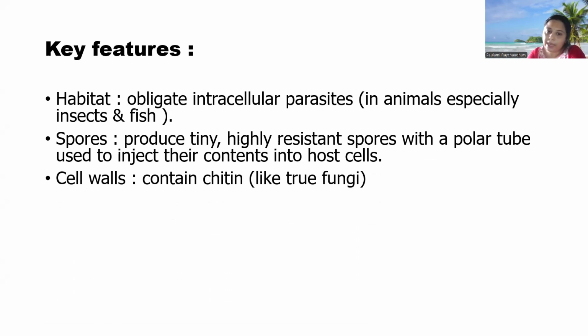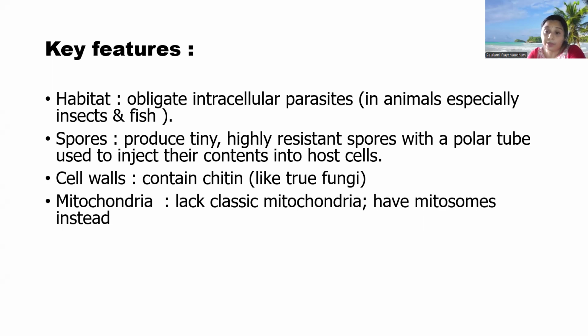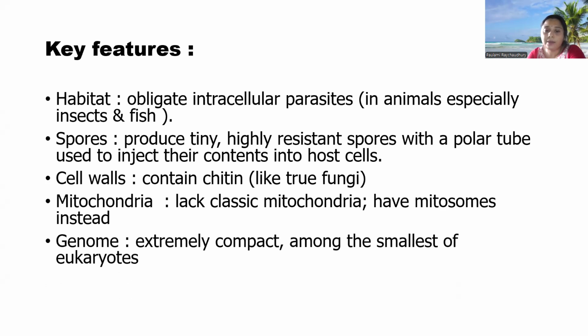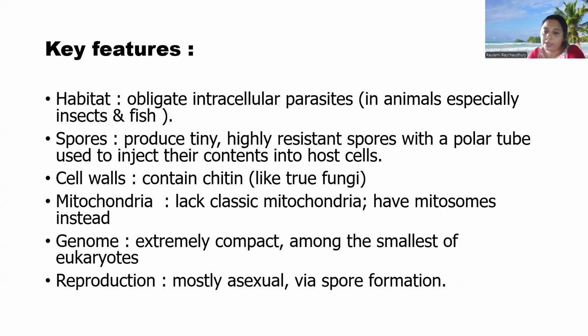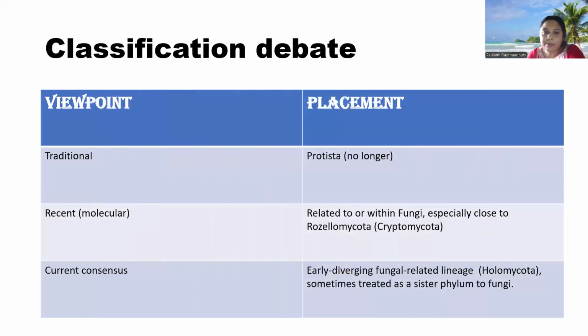The cell wall contains chitin like true fungi. Mitochondria: they lack classic mitochondria and have mitosomes instead. So Neokalimysticomycota have hydrogenosomes and Microsporidia have mitosomes. Genomes are extremely compact, among the smallest of eukaryotes. Reproduction is mostly asexual via spore formation. Now, classification debates were there. From the traditional viewpoint, their placement was in Protista, but no longer.